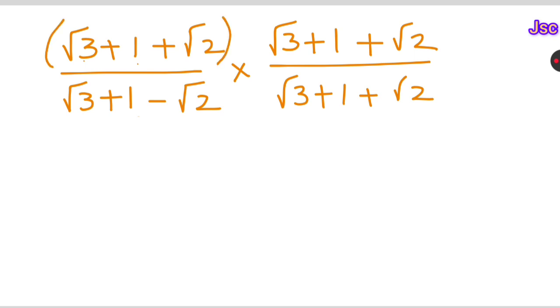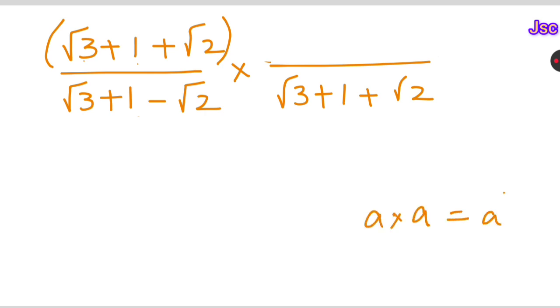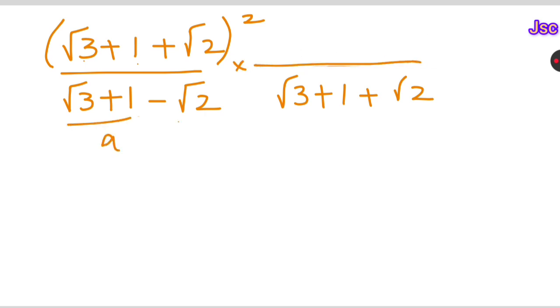So after multiplying the numerators, you will get root 3 plus 1 plus root 2 whole square, isn't it? Because these two terms are just like a times a, we can write this as a to the power 2. That is the numerator term. Now we are going to observe the denominator. We have a minus b and this is a plus b.